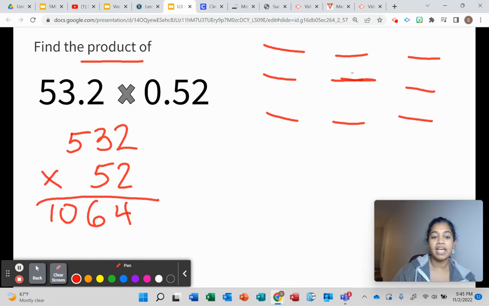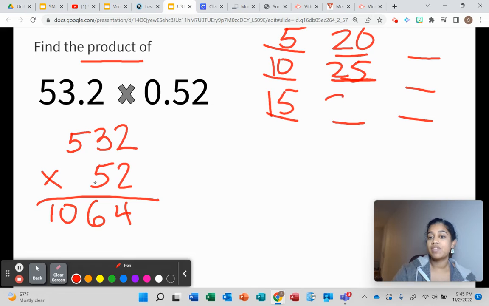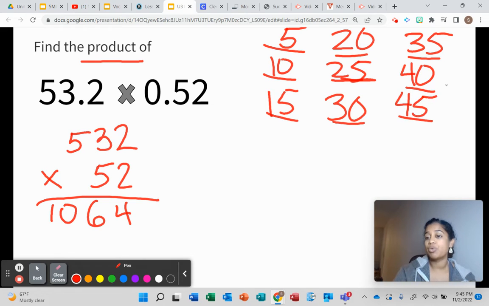Okay, and we're going to do the same. We're going to write out our multiplication facts with 5. So 5 times 1 is 5. 5 times 2 is 10. 5 times 3 is 15. 5 times 4 is 20. 5 times 5 is 25. 5 times 6 is 30. 5 times 7 is 35. 5 times 8 is 40. And 5 times 9 is 45.